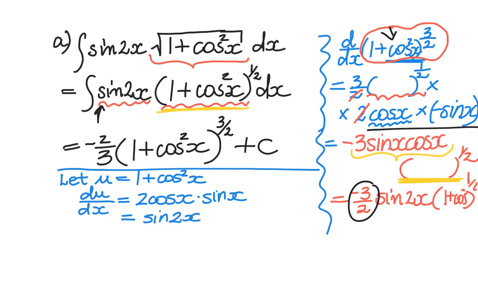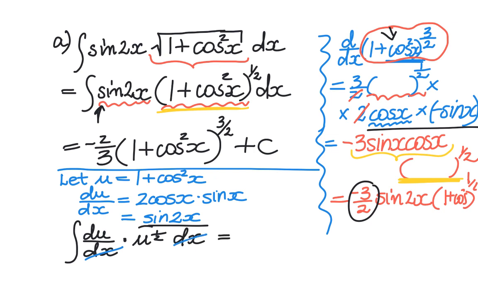Let's replace everything. So I've got the integral of sine of 2x, which I replace with du dx, times the bracket, which will be u to the power of half, dx. The dx with the dx simplifies.